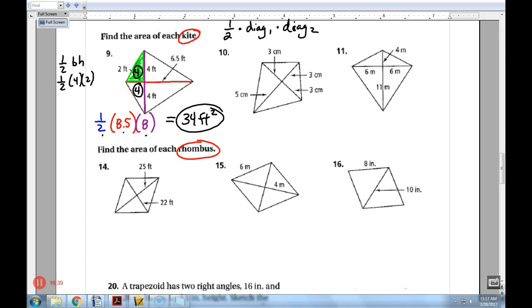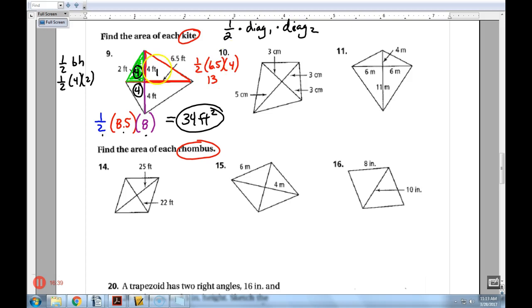Then I move over to this other piece, and if I do this triangle over here, that triangle is 1/2 base times height, which comes out to be 13.